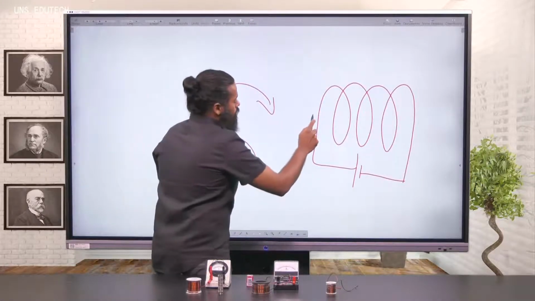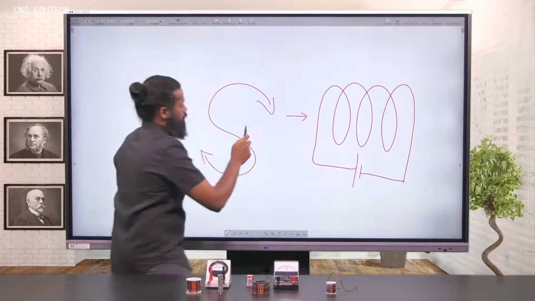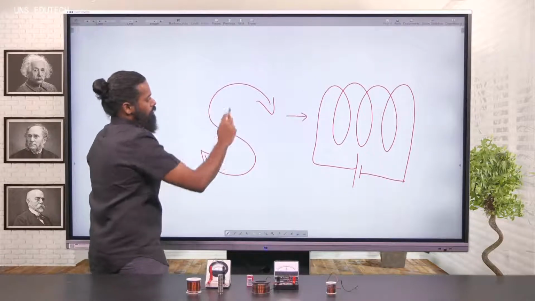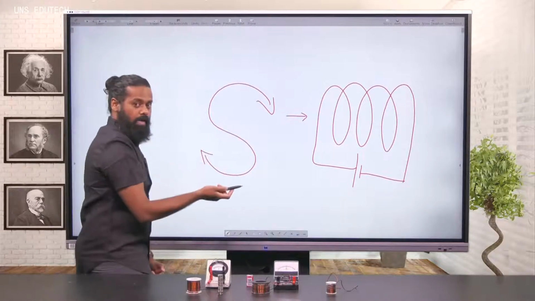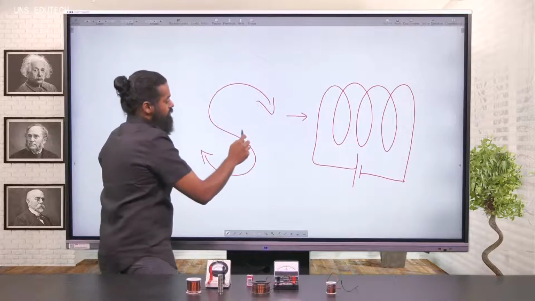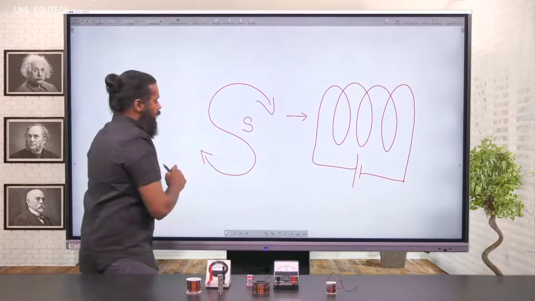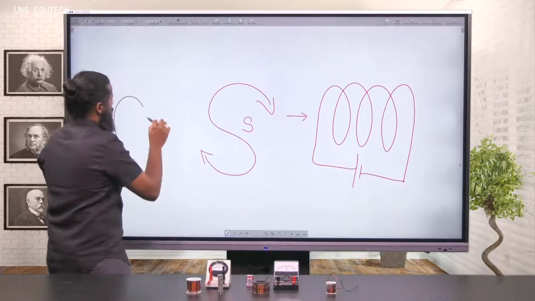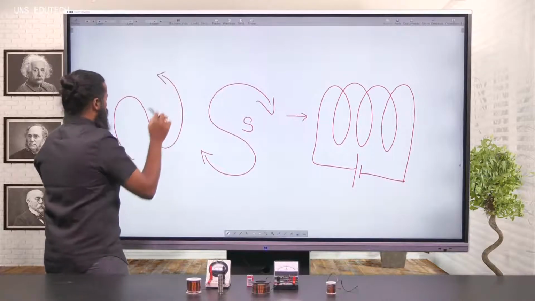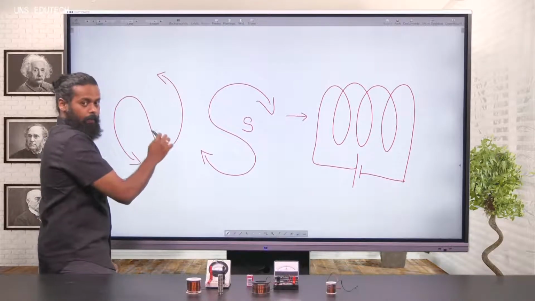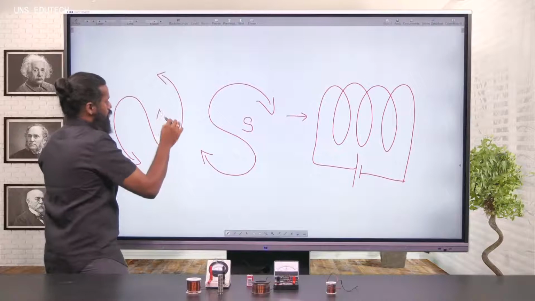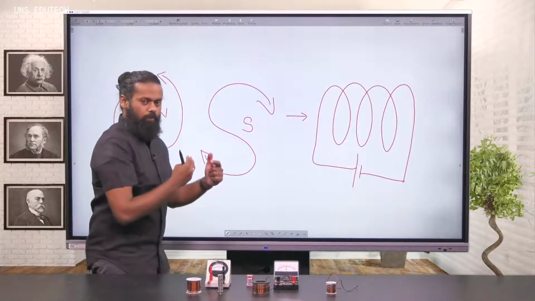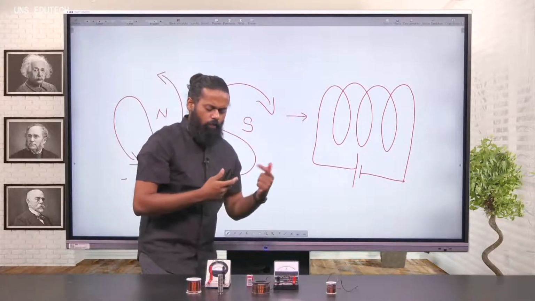When you look from this end, if the current is flowing in the clockwise direction, then you can say that side becomes the south pole. And if the current is going in the anti-clockwise direction, then that side will be the north pole. This is the rule, an empirical rule we followed.